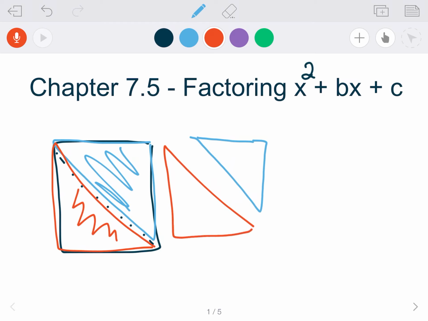So we took an original shape, like a square or a rectangle here, and we broke it down into its pieces, or its components, or its factors, which were the two triangles there. So that is what we are doing, except with polynomial expressions in a more algebraic way.